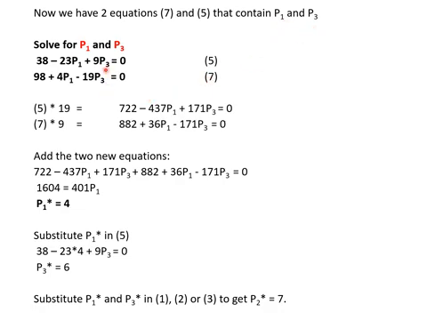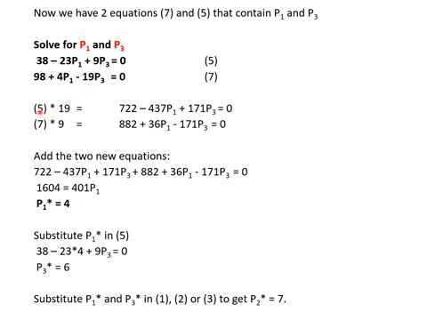And our next step is to eliminate a further variable, and we're going to eliminate P3. You could have chosen P1. And the easiest way to eliminate P3 here, we need these coefficients to be equal. So we're going to times 9 by 19 and 19 by 9, and that's what we see happening here.